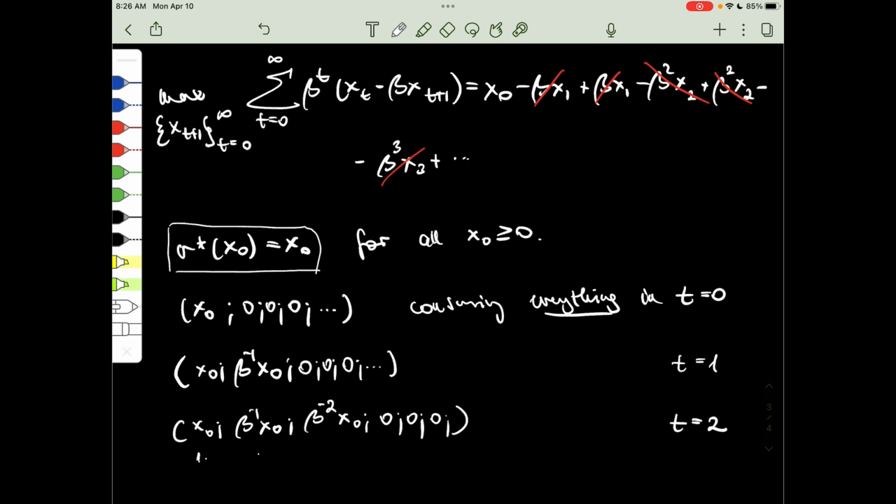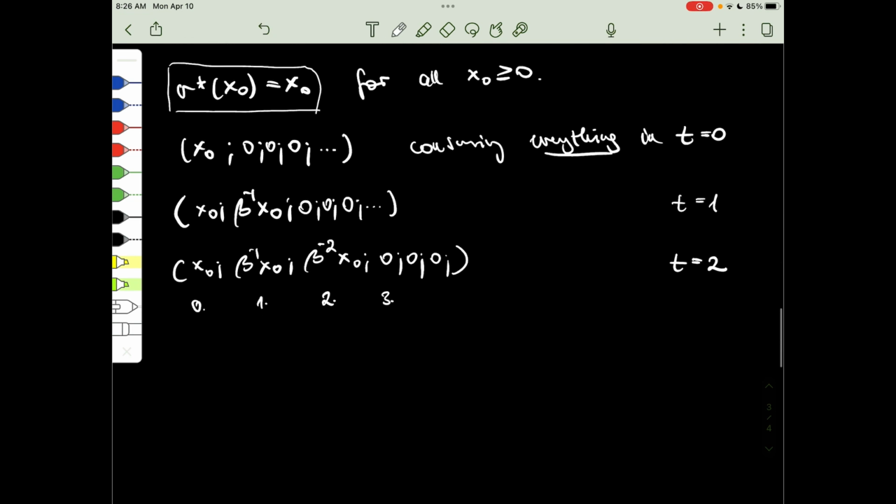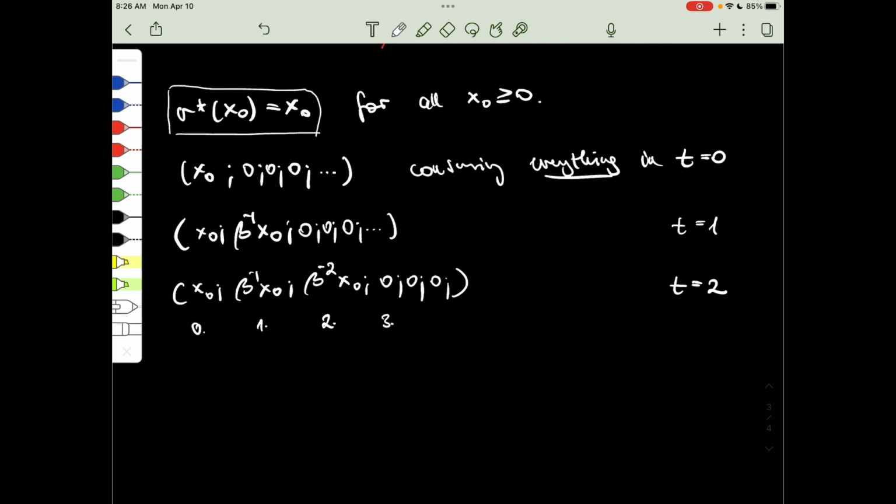First period, second, third, sorry, 0. We start at 0. This is T0, T1, T2, and 3. And you can see there is nothing in period 3, so the consumer consumed everything in period 2.